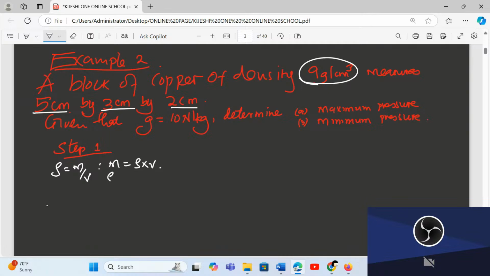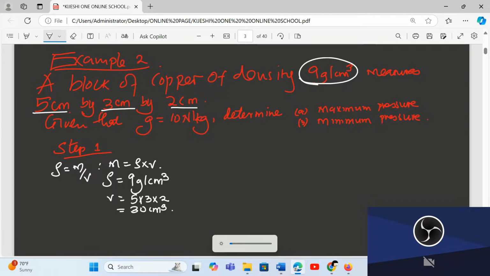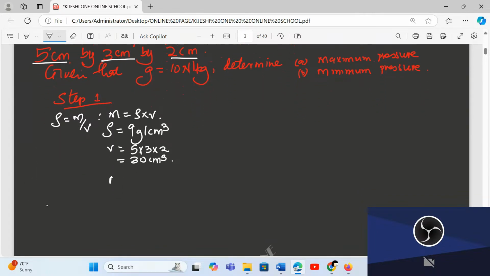Therefore, density is 9 grams per cubic centimeters. Our volume will be the same as 5 times 3 times 2. This is 30 cubic centimeters. Therefore, we say mass now is given by 9 times that. We arrive at 270 grams.